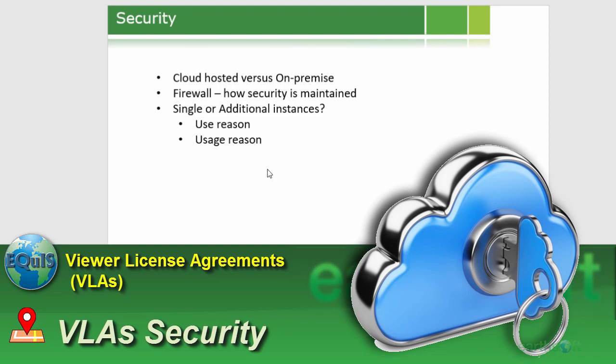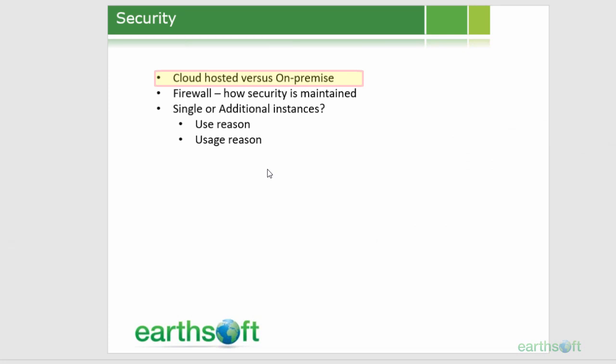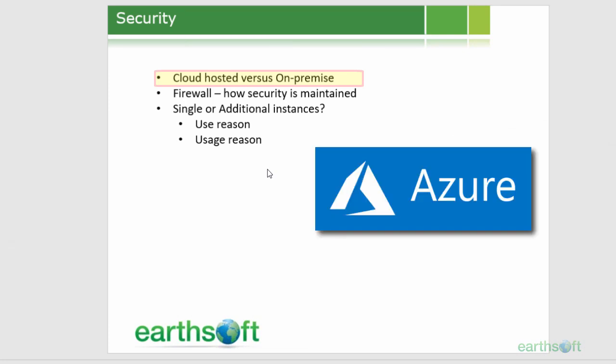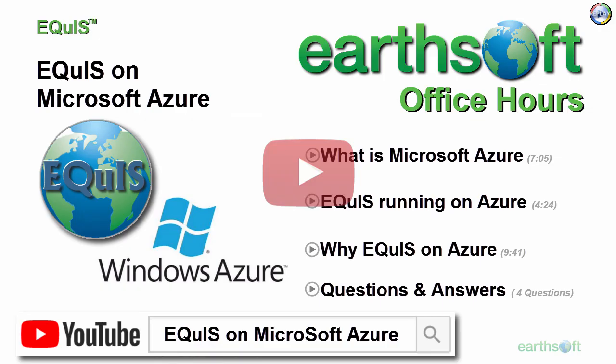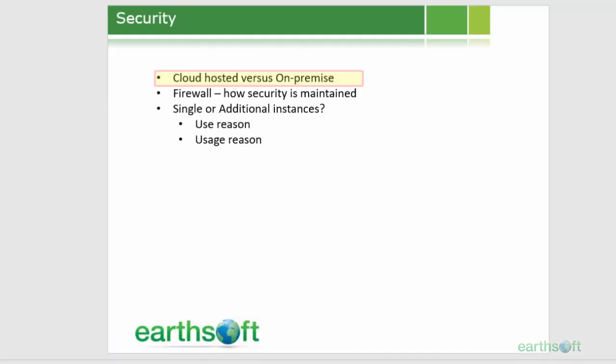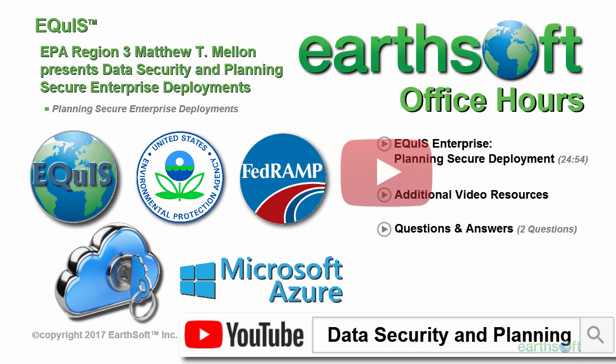Security is one of the things that I was asked to address: the cloud hosted versus on-premise security. For our cloud hosting, we're using Azure, and so we're subject to their security requirements and their security overview. That security includes the one requirement that you in the government agencies care about, which is FedRAMP compliance.